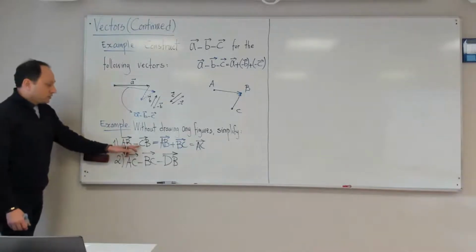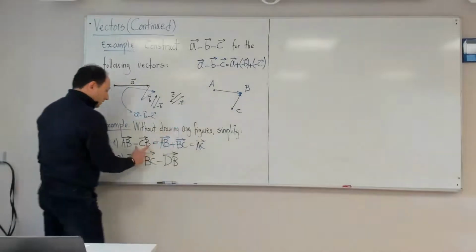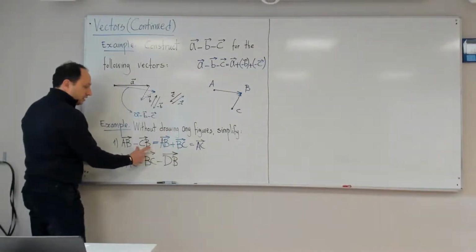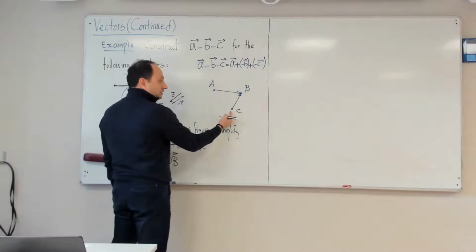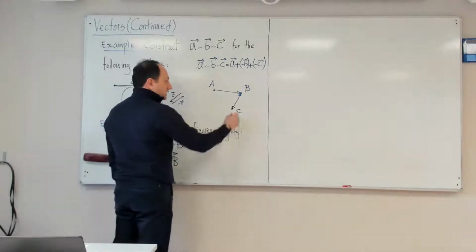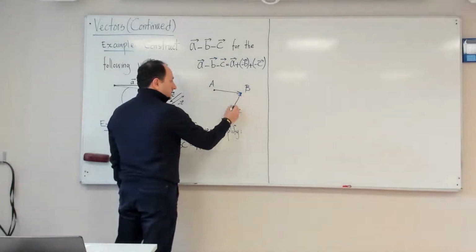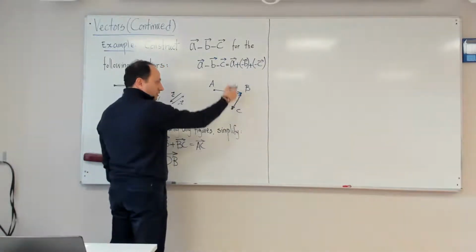But if I want to subtract 2 vectors, I need to find the opposite of CB. The opposite of CB is the same vector, but in the other direction. So that is mine, this black vector here. It is exactly lying on it.